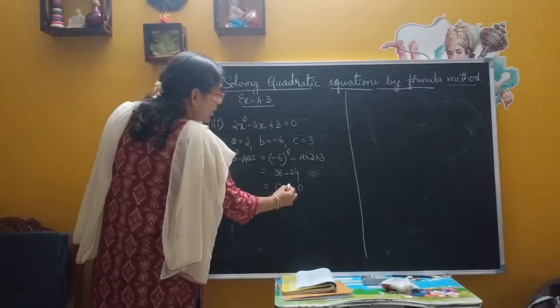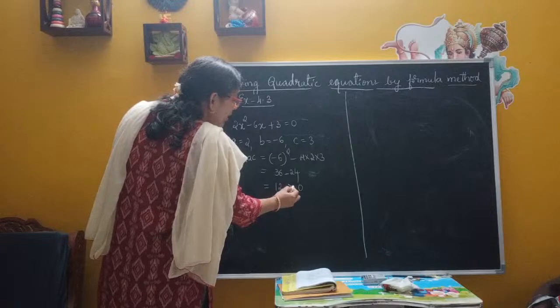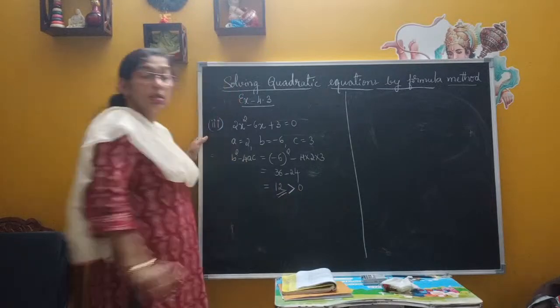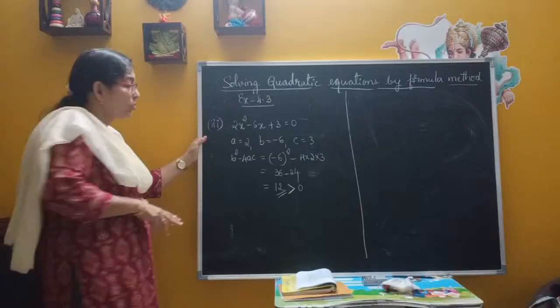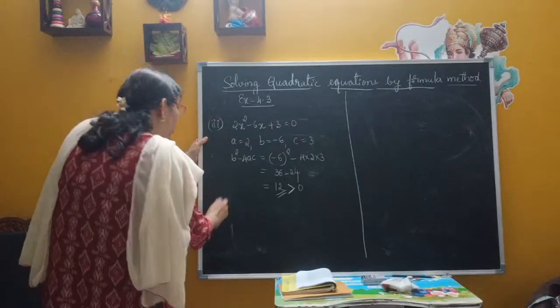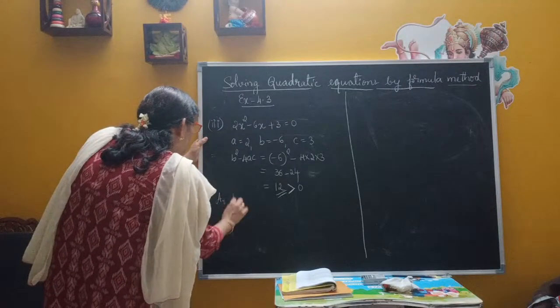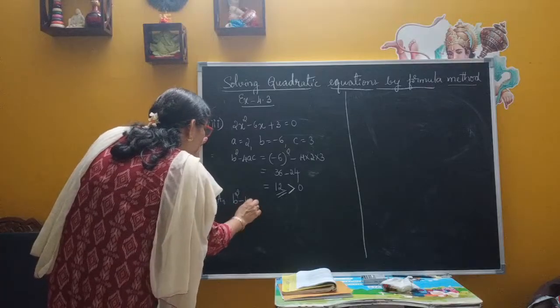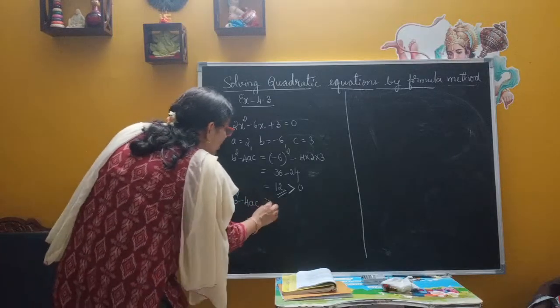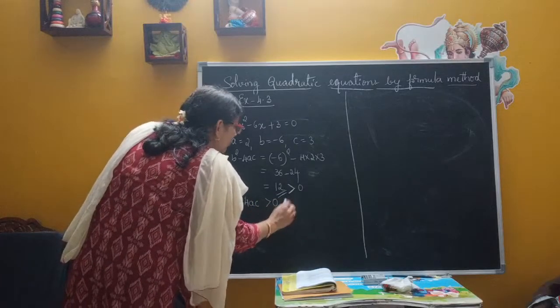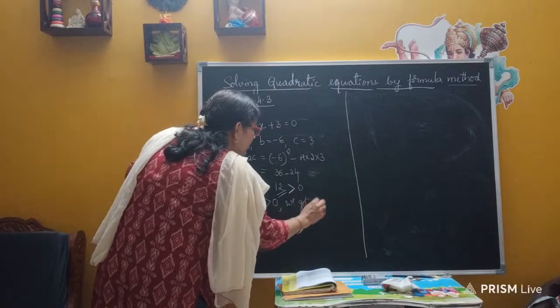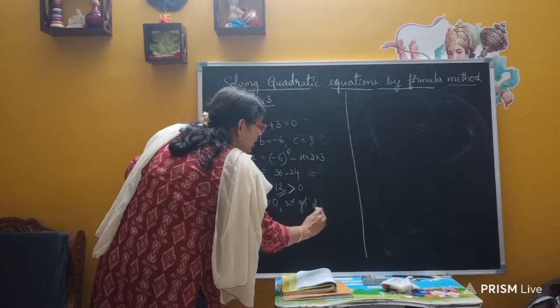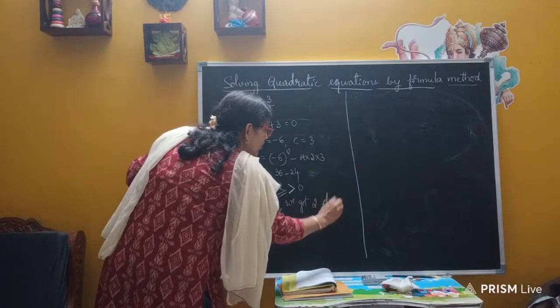Positive value we got. So there are two distinct real roots. Okay, as b square minus 4ac, the discriminant, is greater than 0, we get two distinct real roots.